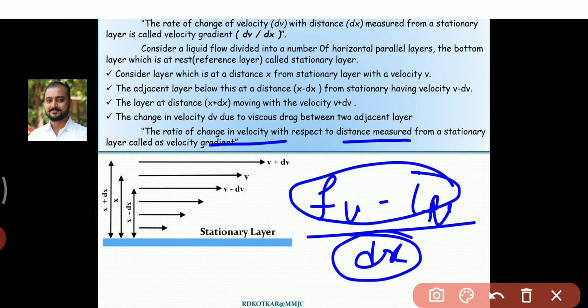Both definitions are analogous to each other; only the way of representing them differs.